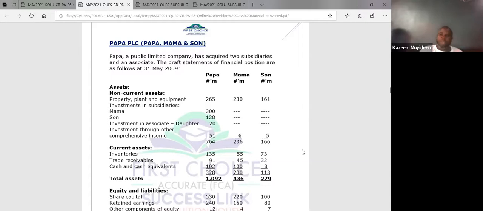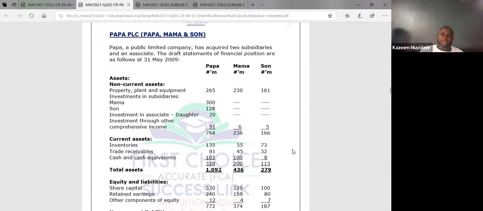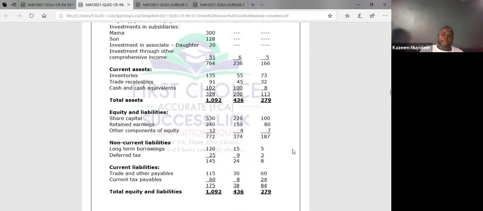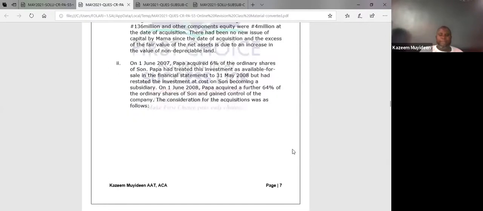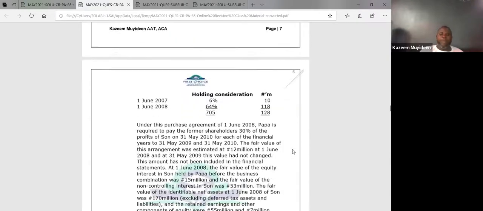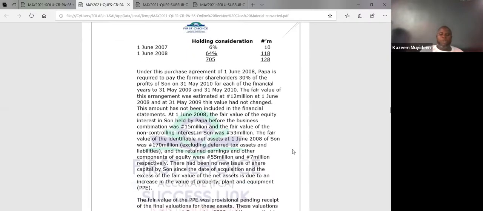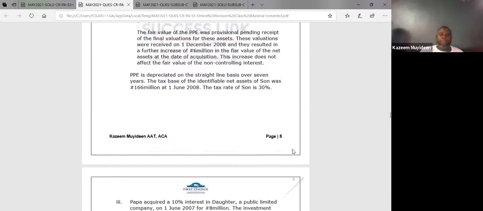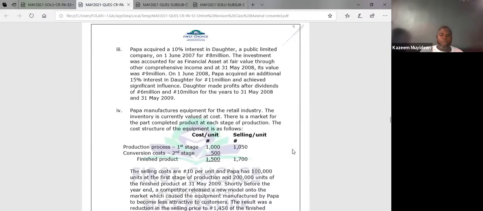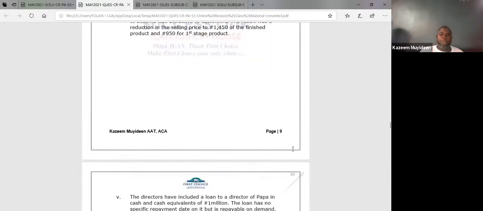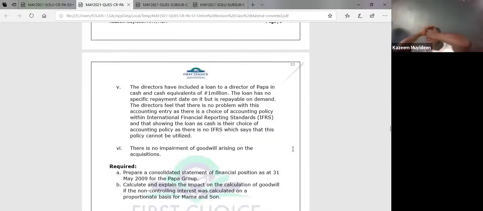So we solve this. I think the solution is on the platform already. It's a piecemeal acquisition question with so many diversities. It's a piecemeal acquisition. One fellow subsidiary with piecemeal.